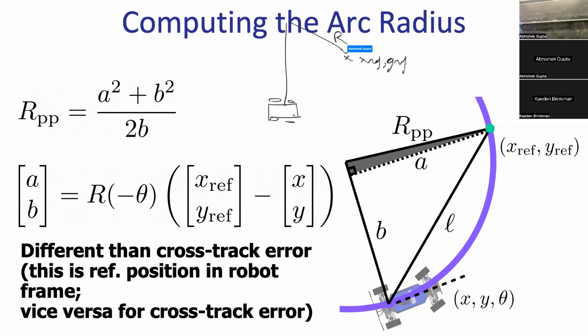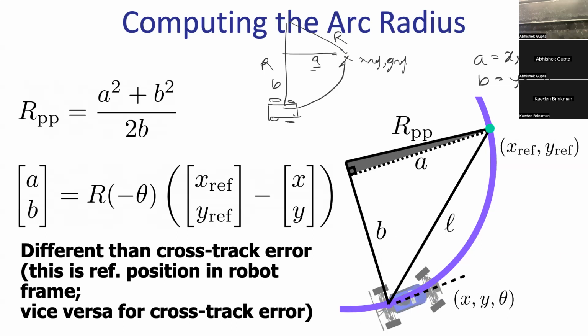This is your R. This thing is A, this thing is B. So in this case, what is A going to be? X ref minus X. In this case, what is B going to be? Y ref minus Y.